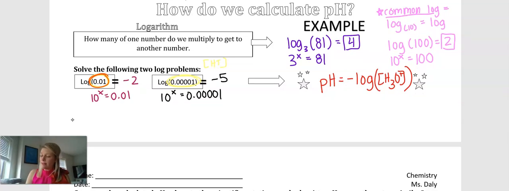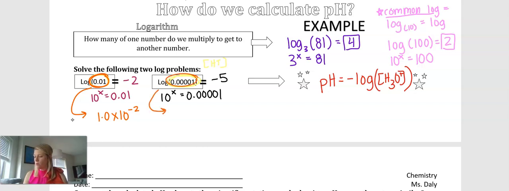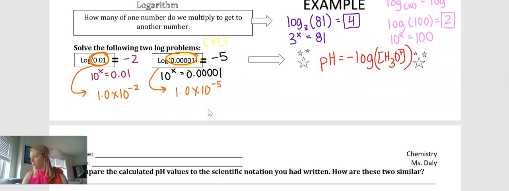To rewrite this value in scientific notation, I am going to get 1.0 times 10 to the negative 2. Then for this one, I'm going to get 1.0 times 10 to the negative 5. Now, looking at these scientific notations and the calculated pH values that you got, how are these two things similar?